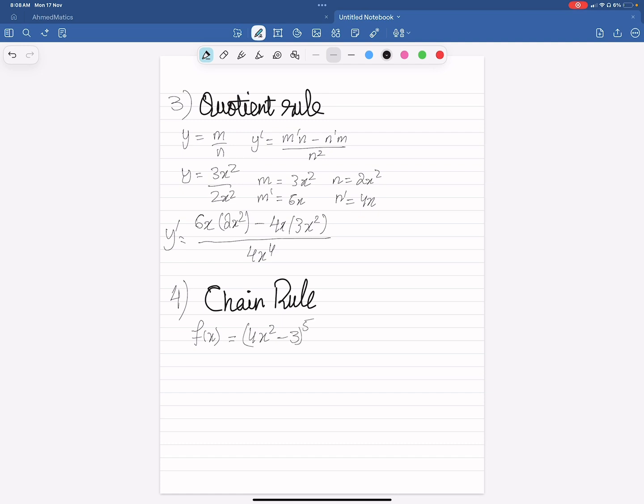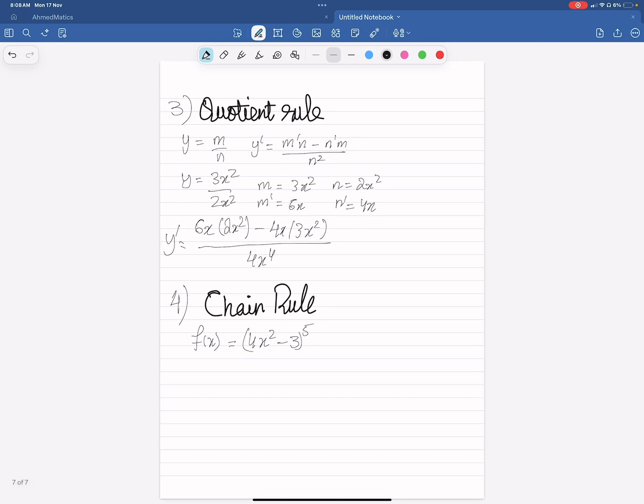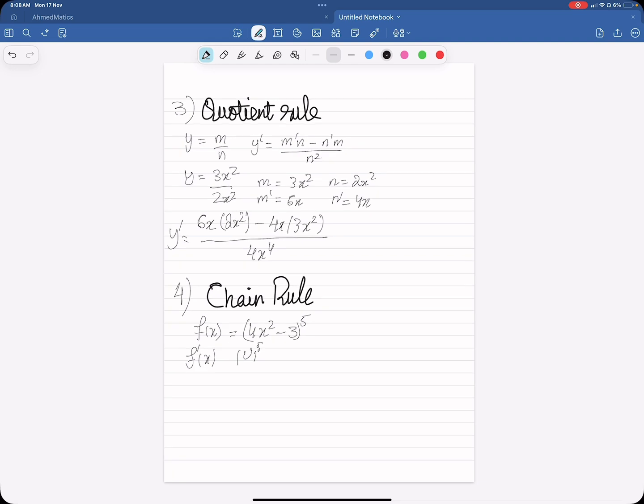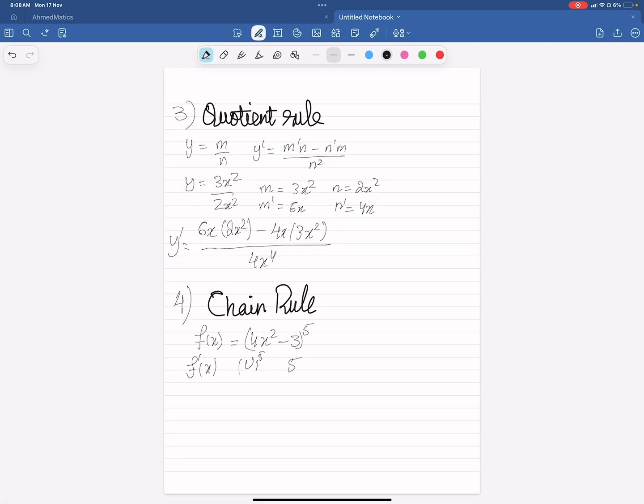To find the derivative, we're going to do f prime x, and we're going to substitute the values. So it's going to be u to the power 5, so 5 u to the power 4 multiplied by u prime. That's how we do it.